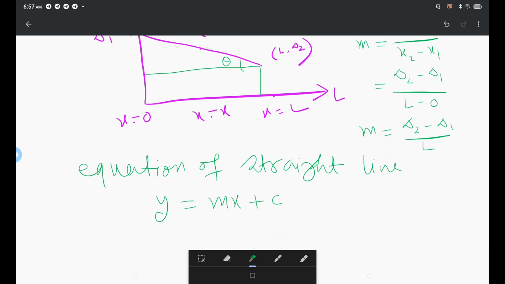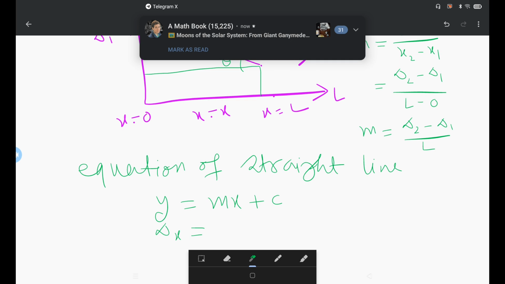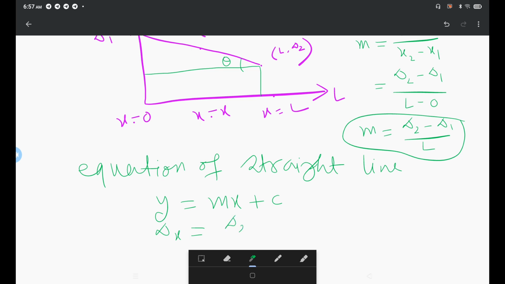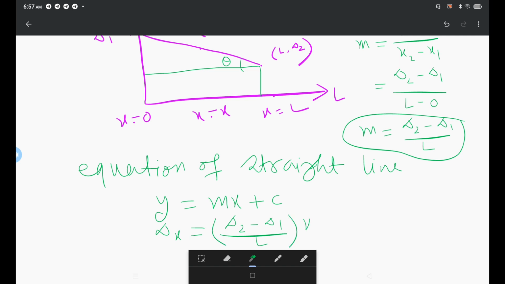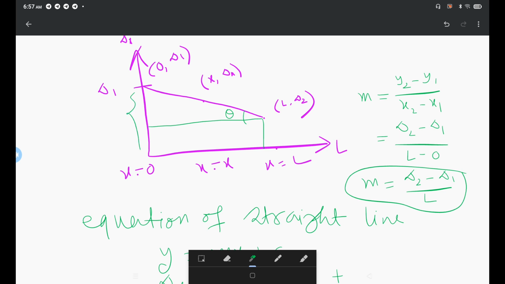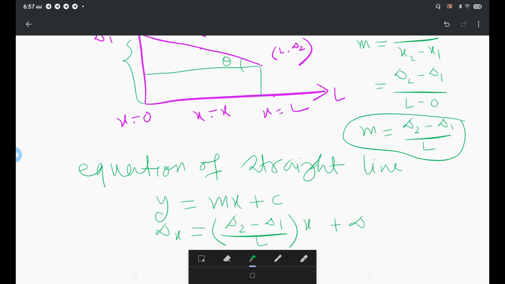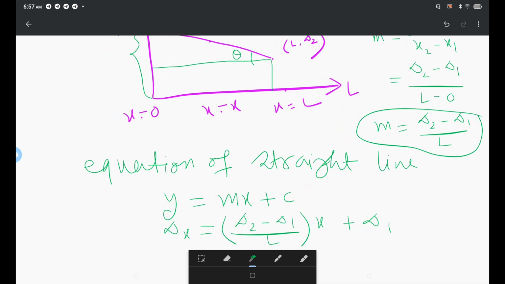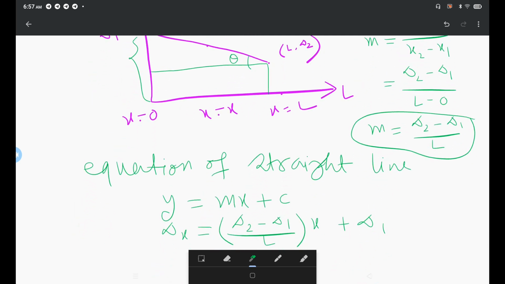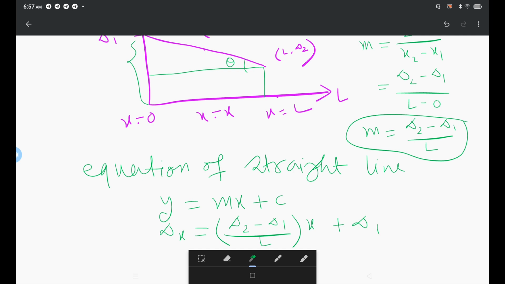Here our y is dx, and our slope we found is d2 minus d1 by L, times x, and our intercept here is d1.